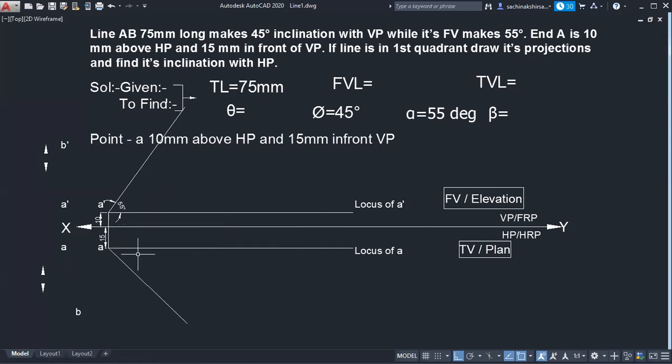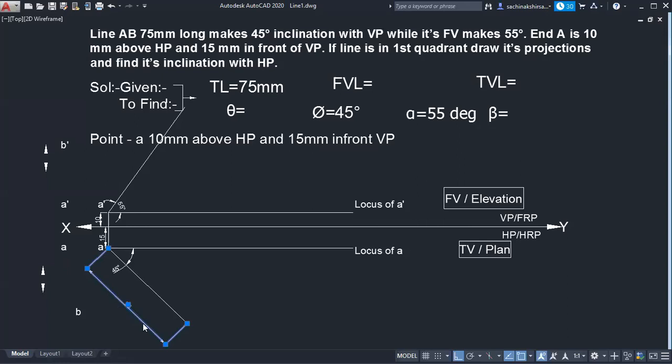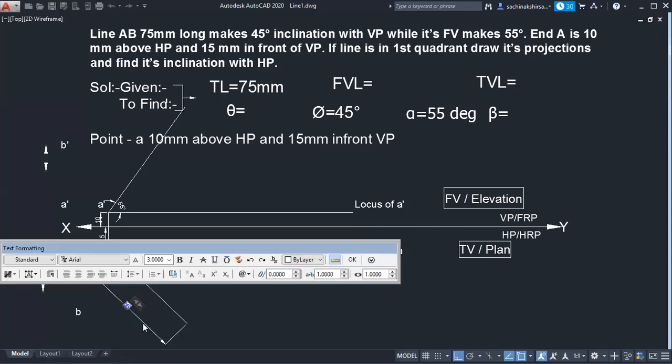So what should be this angle? At what angle have I drawn? 45. So that I have to give as 45. This also I have to draw at 45, and true length also I have to show, whatever it is. This true length and this true length, how much is it? 75. Are you observing?